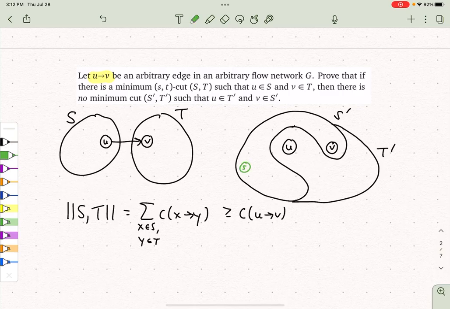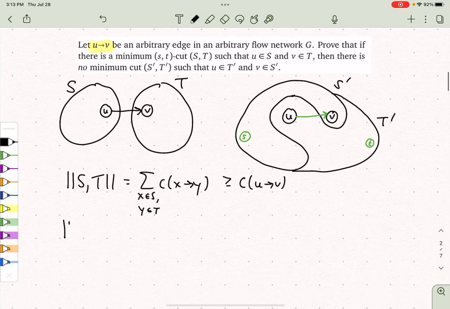So little s is over here, little t is over here, and the edge U to V is now crossing from T prime to S prime. It's no longer in the capacity of the cut.